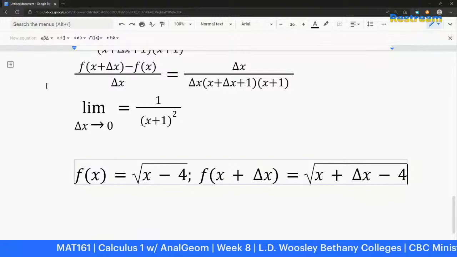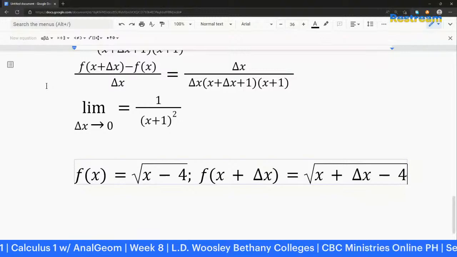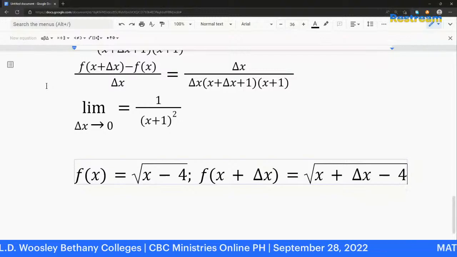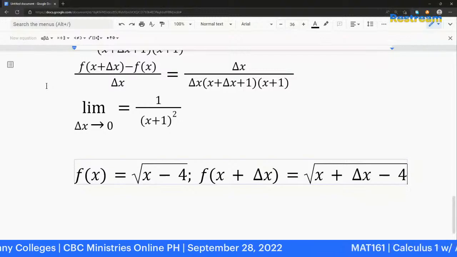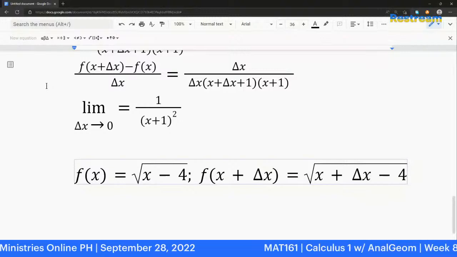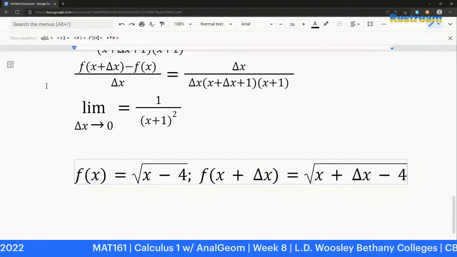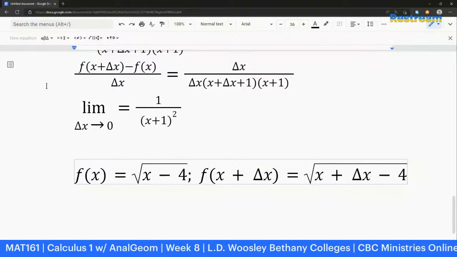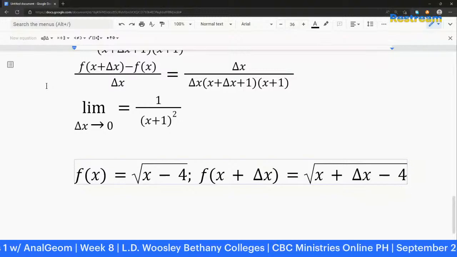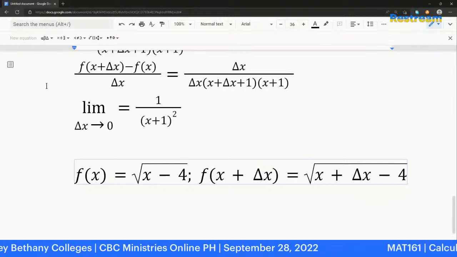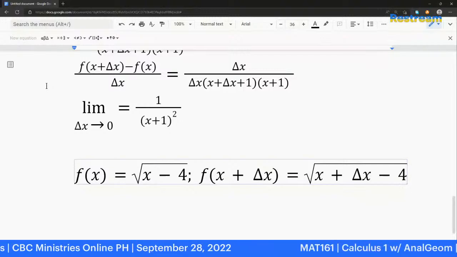Same as true with this problem. Okay? So I hope you could get it.